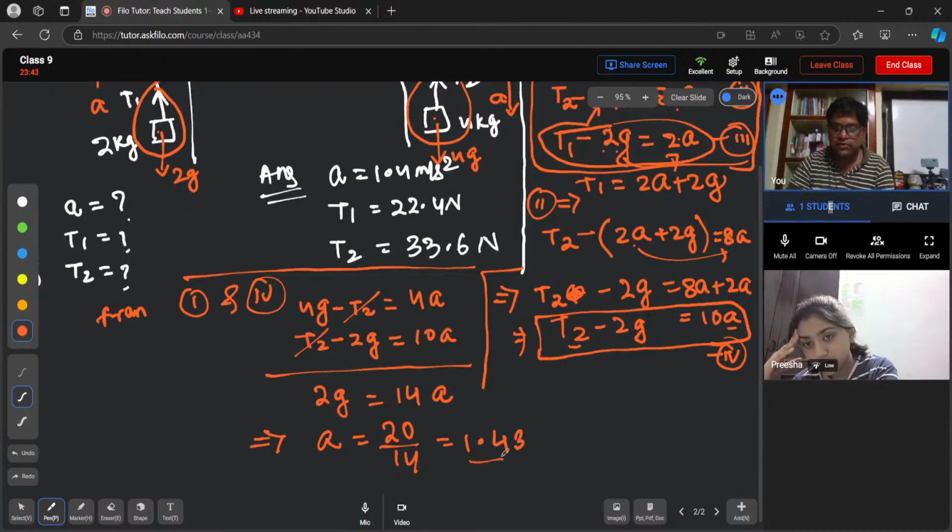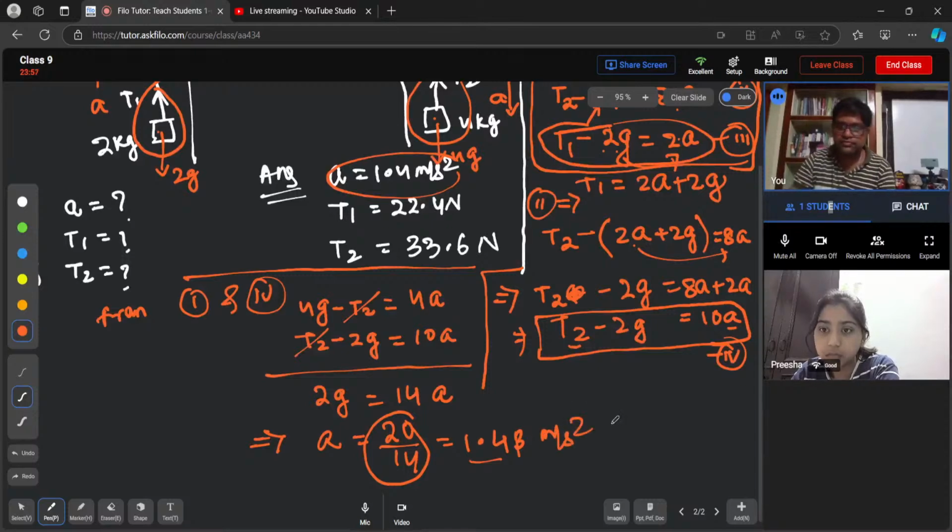If up to 2 digits you wish to write, you can write 1.4. So this is our answer. Acceleration is 1.4, or in fraction, it's 20 by 14 meter per second square.